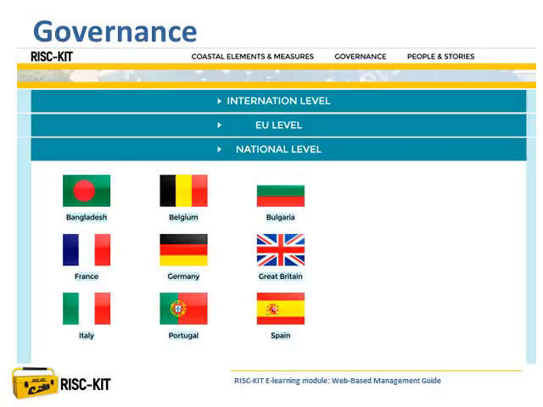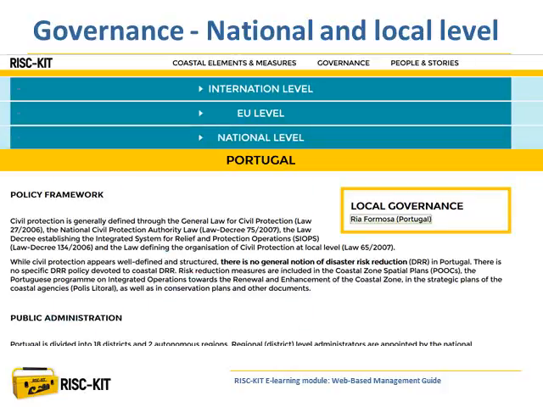You will find the international level, EU level, national level, and in here you find the different countries that are relevant to RISC-KIT, because there are case studies in there, and you have a more descriptive way of what you can find on the national level, but also on the case area level.